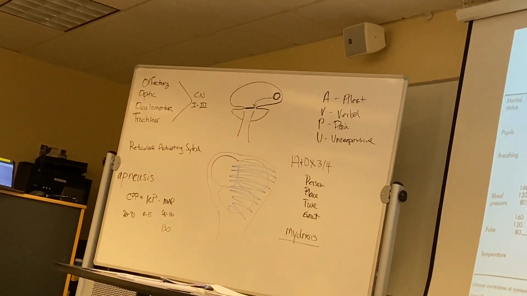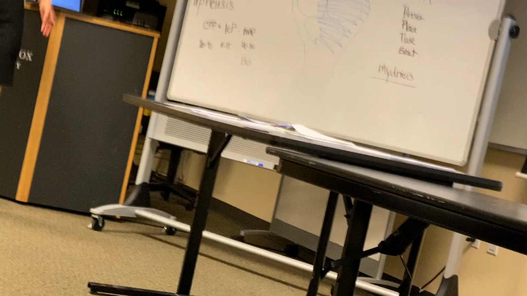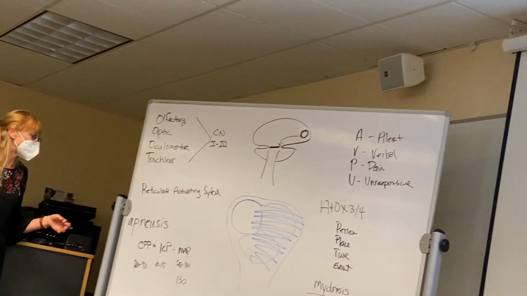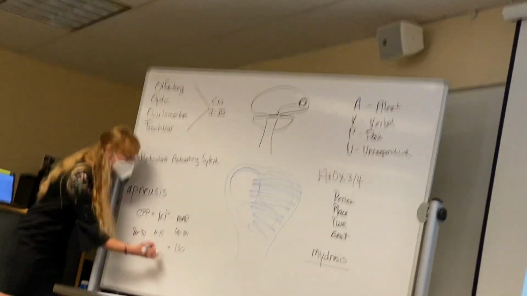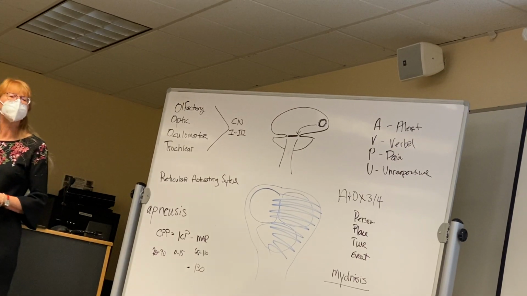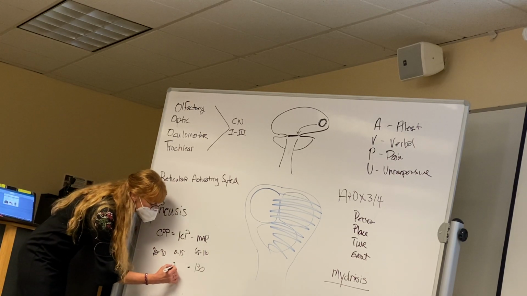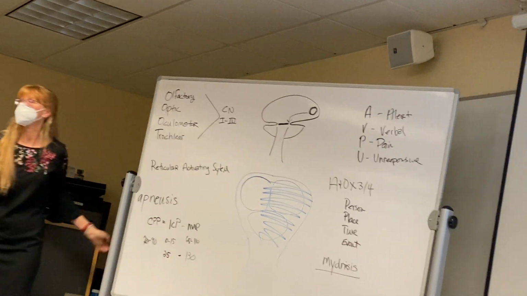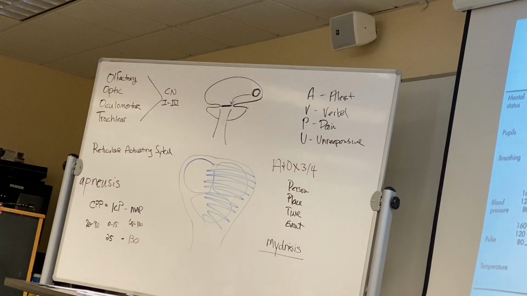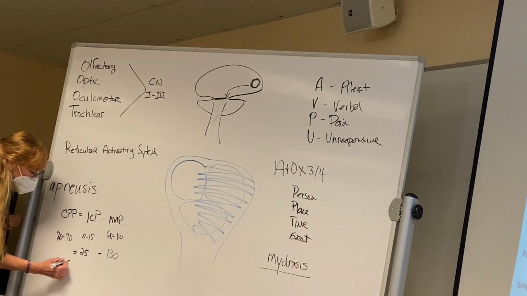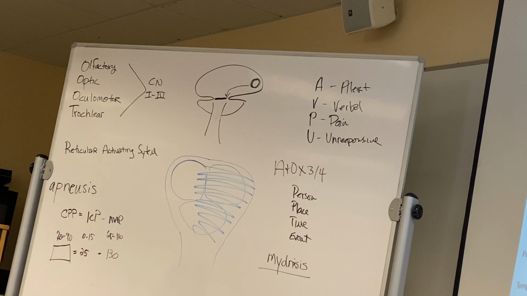So MAP sometimes can be pretty high. Minus, they had a stroke, so we expect some swelling. So let's say their intracranial pressure is 25. We're only guesstimating because there's no bolt in there or anything like that. What kind of cerebral perfusion pressure will that be?